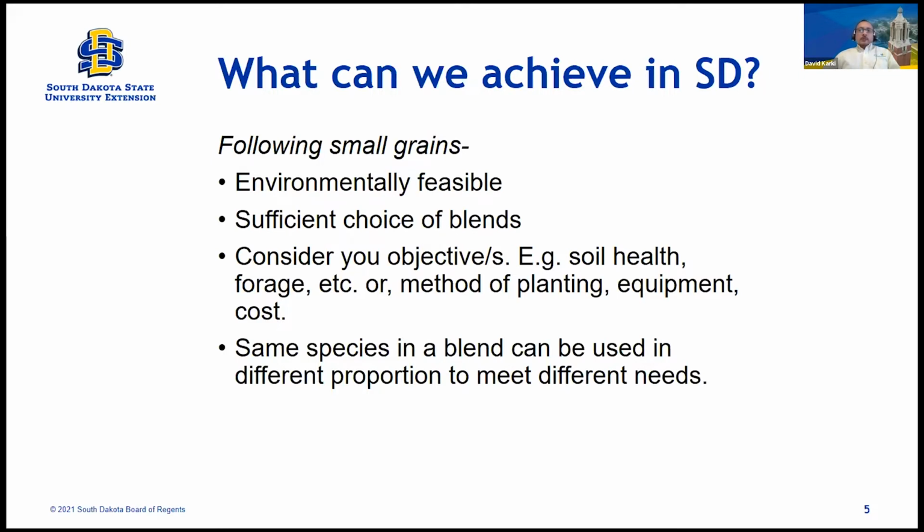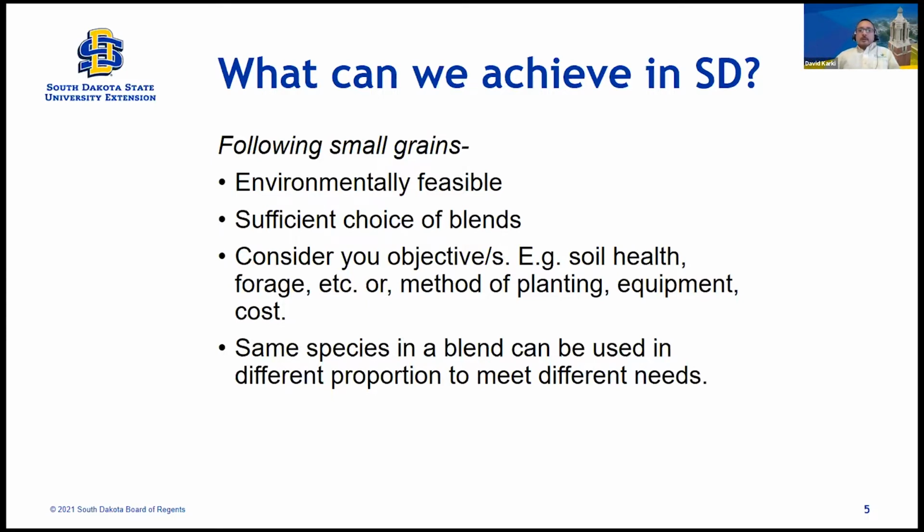You can get them in a blend, or you can make your own blend, buying individual species. But again, the objective is very important. Why are we trying to do cover crops in our system? Know that, and then shoot for that. Our long-term goal is very important. We did a survey back in 2015 and 2016, not at a cover crop meeting but at a general agronomy winter meeting.